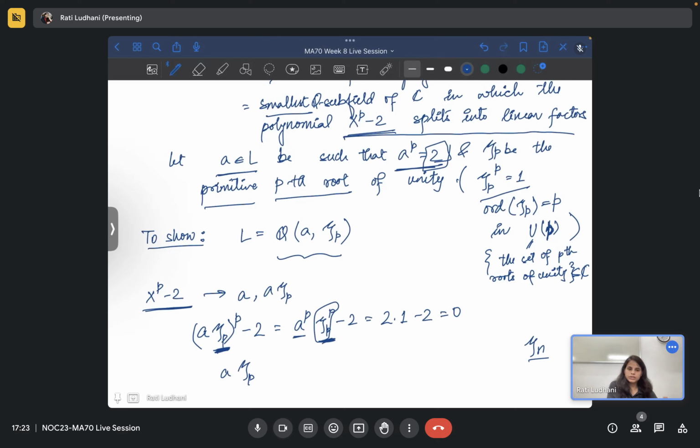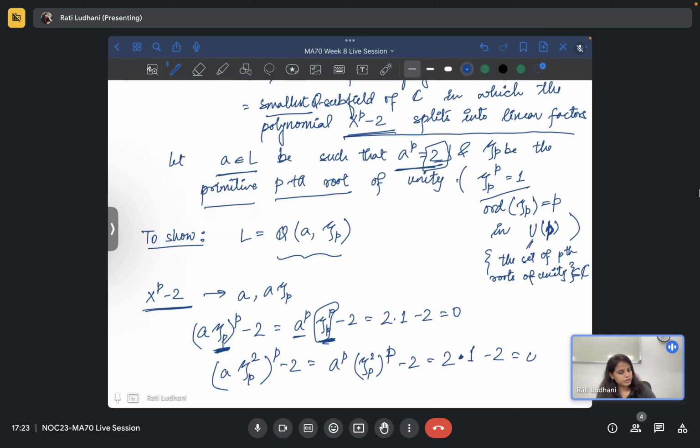So it will still give 0. So we can try all the pth roots of unity. What does this mean? You take a zeta square, and again you will get this. So a raised to power p is 2 into 1 minus 2, again this is 0.